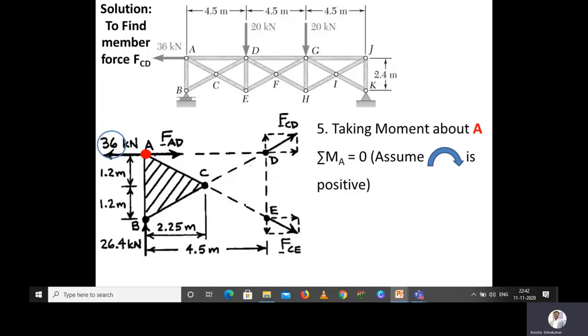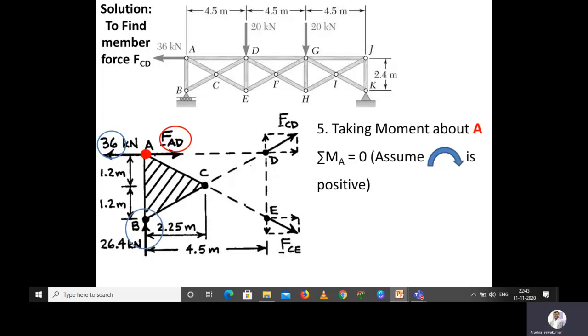The 36 kilonewton force acts at point A, so the moment it creates will be equal to 0, because its perpendicular distance with respect to point A is 0. Next, the FAD force. Similar to the 36 kilonewton, the perpendicular distance of FAD with respect to point A is 0, so the moment due to FAD is 0.